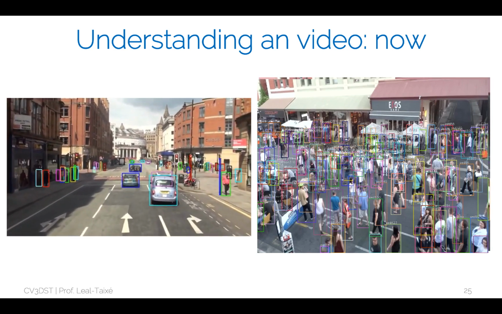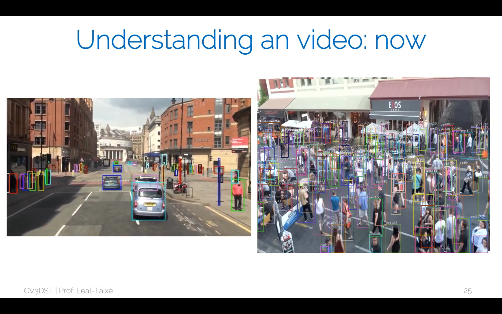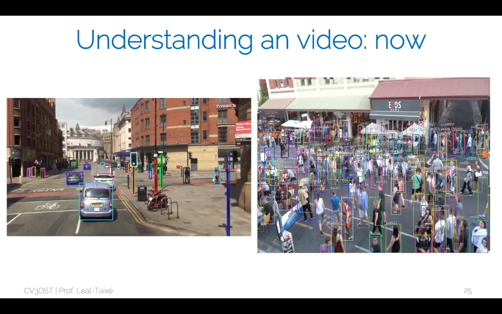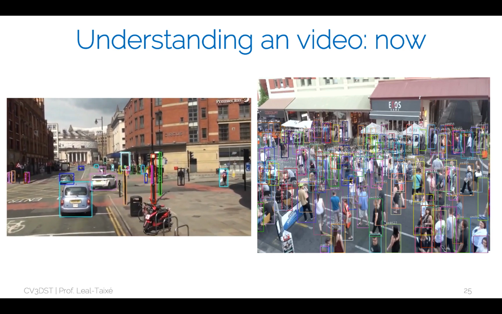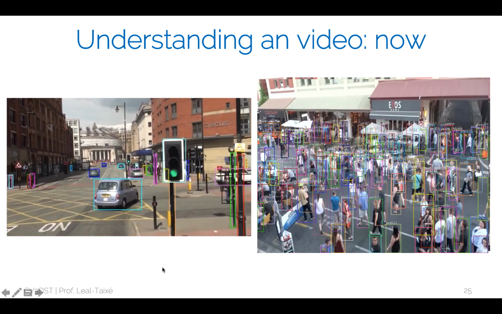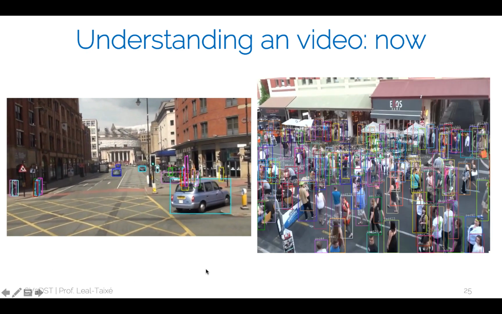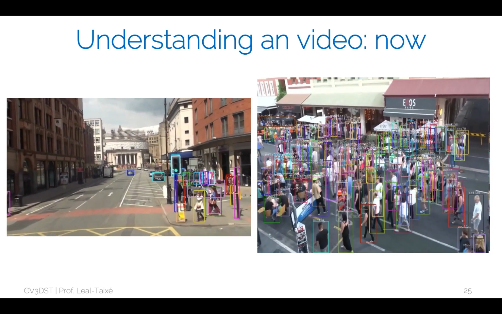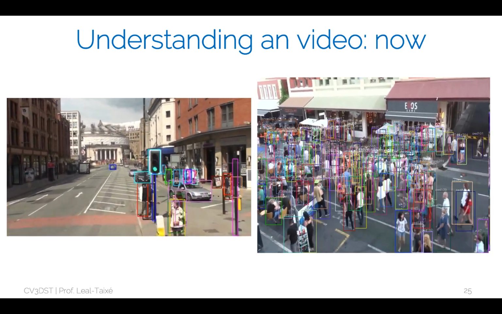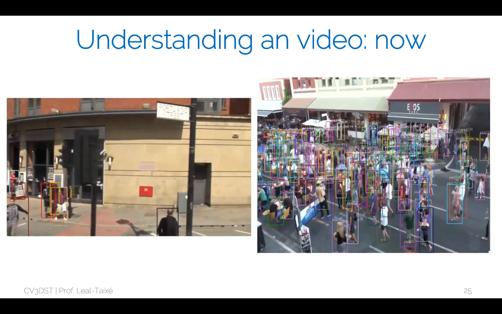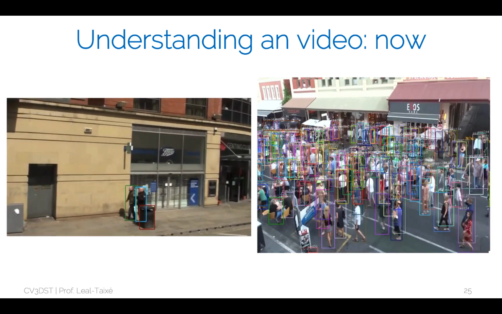So scenarios where the camera is moving, viewpoints are changing all the way from ground level to a level higher up. There are tons of objects that you want to follow, and even scenarios that are just absolutely crazy, where there are lots of occlusions and all the objects look the same. We're actually trying to track all these pedestrians at the same time. This is a really, really challenging task.